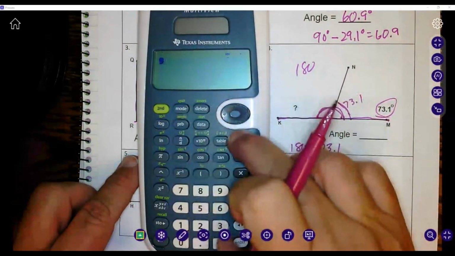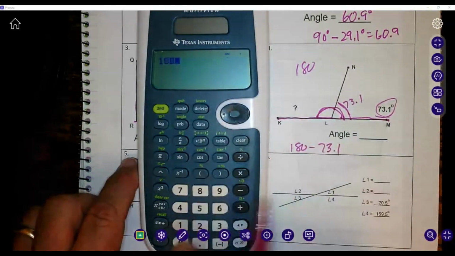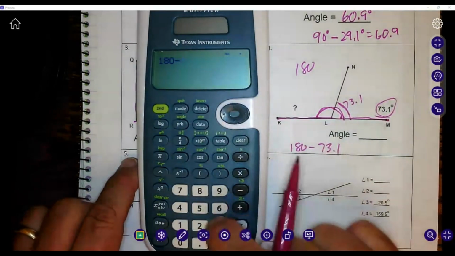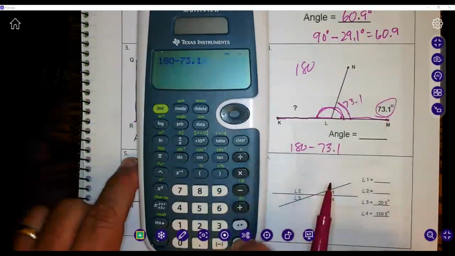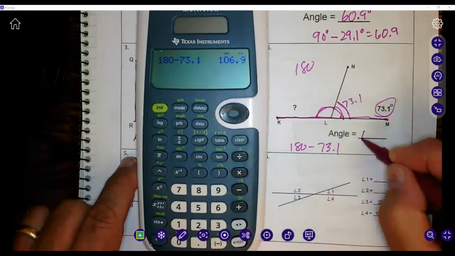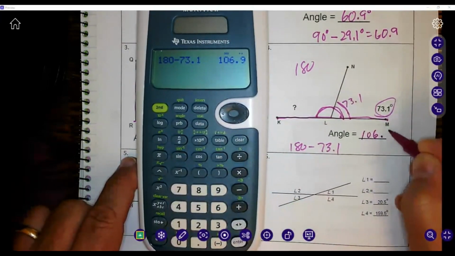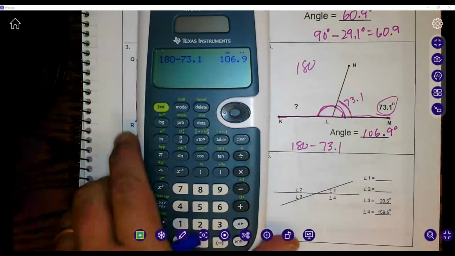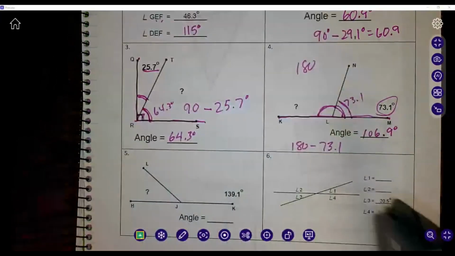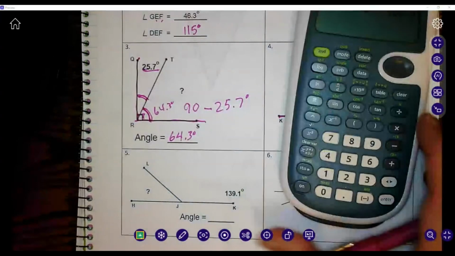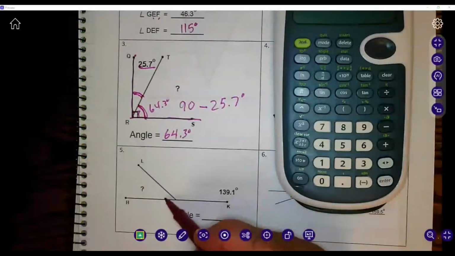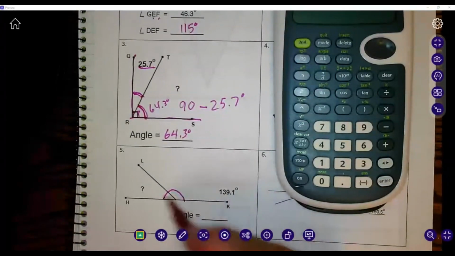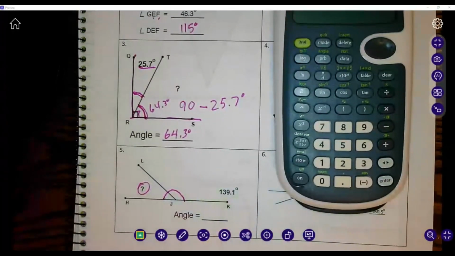And so when I punch that in the calculator, 180 minus 73.1, we get 106.9 degrees. Okay. Do this one and tell me what you get for the missing angle on number 5.